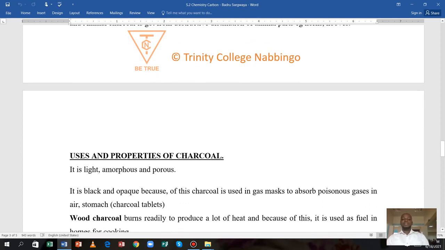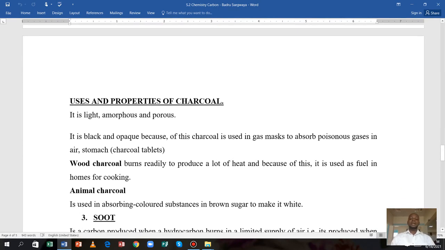Charcoal is porous and light. It has pores, and it is also black and opaque. For that reason, therefore, we use charcoal in gas masks to absorb poisonous gases in air and also in stomach. An example is charcoal tablets.